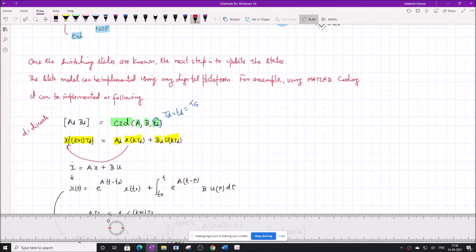Now, why does this command work, how has it come about? You can look into conventional control and correlate it.